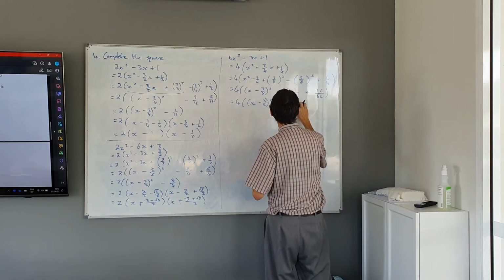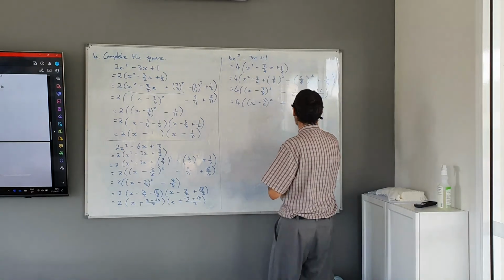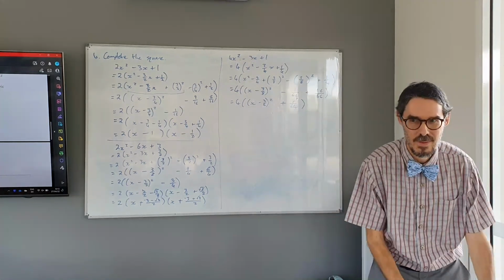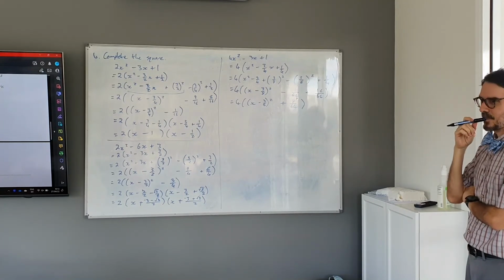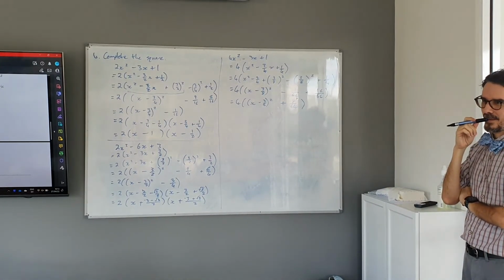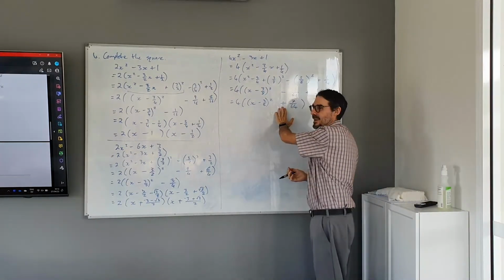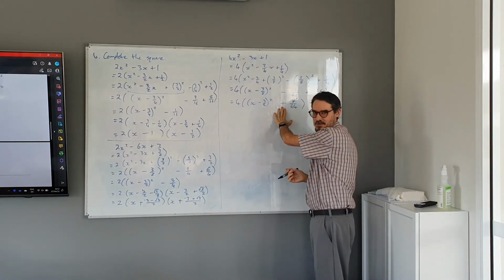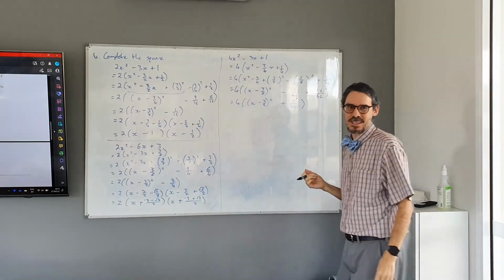Now I'm glad I didn't use z. A 7 would have looked very much like a z. And so previously, when you get to this point, you go, I can't factorise this, it's got a plus. But now you're going to go, I can do the sum of 2 squares.